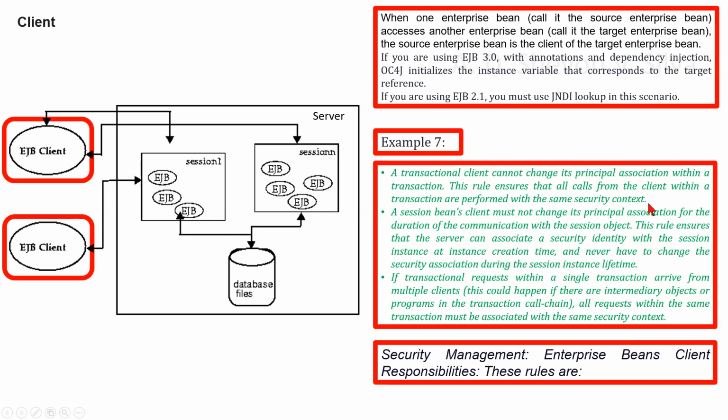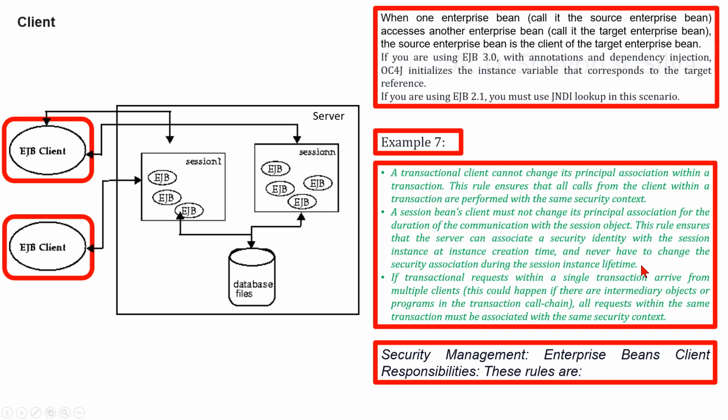The rules are: a transaction client cannot change its principal association within a transaction. This rule ensures that all calls from the client within a transaction are performed with the same security context.